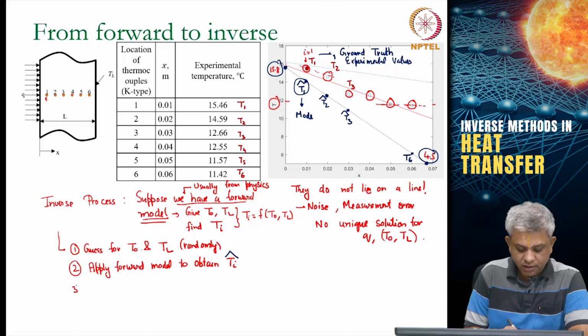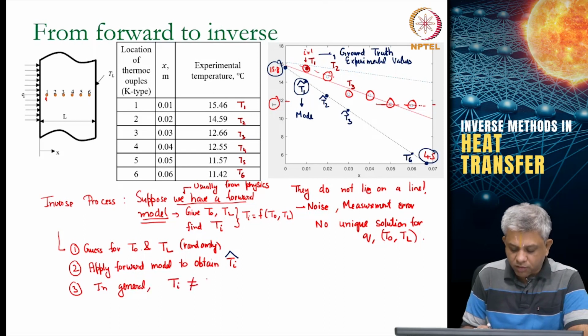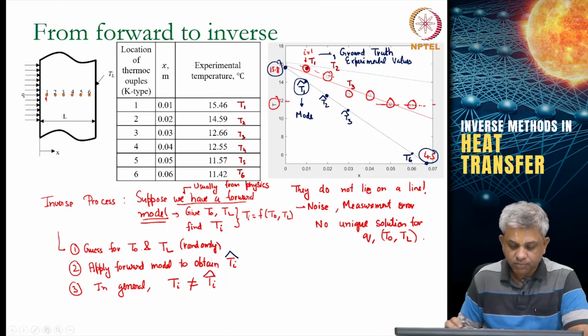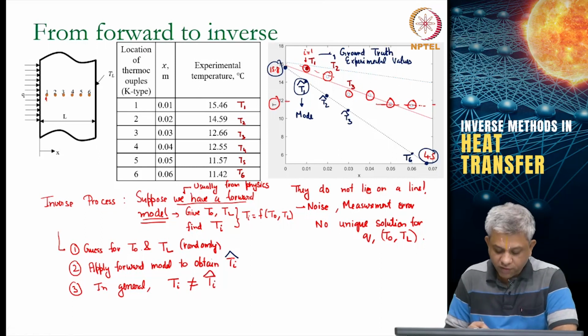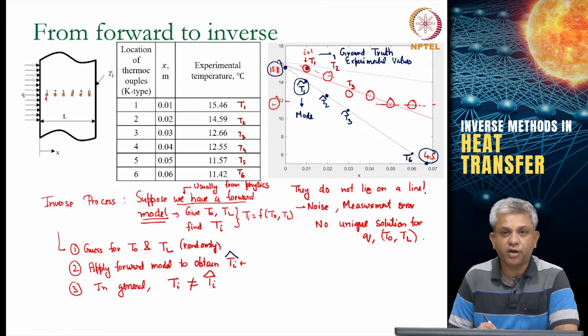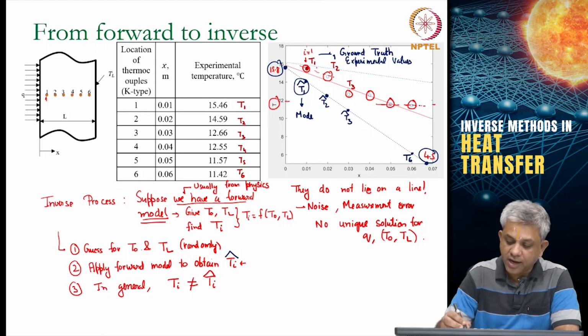Now, notice that in general Ti will not be equal to Ti hat. That is, whatever we guess the temperature to be, that is not generally going to match what reality is.